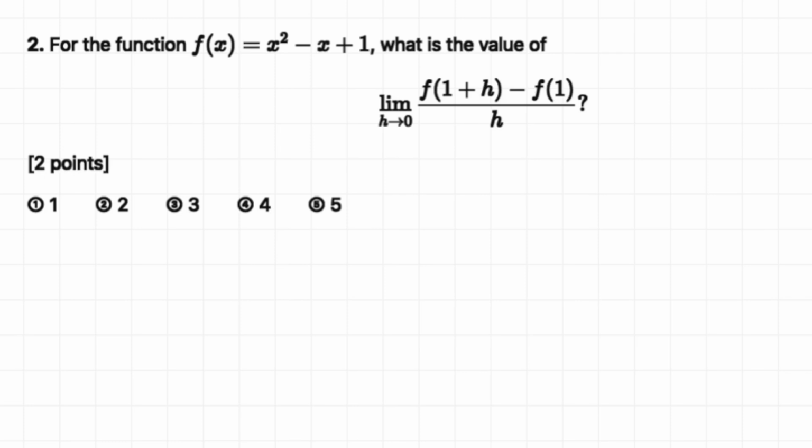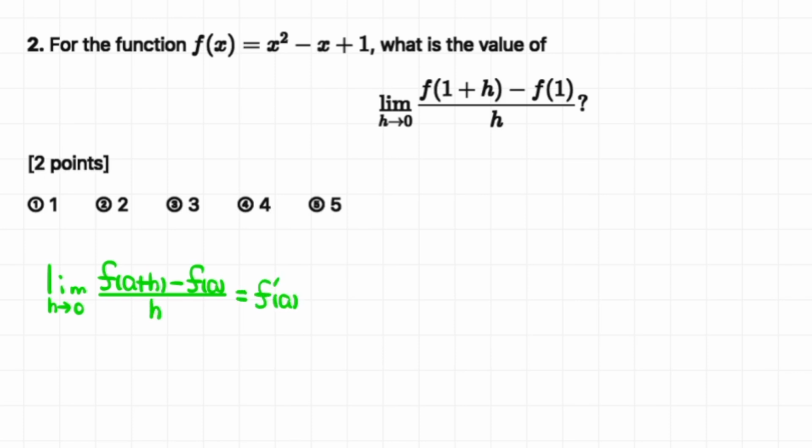The limit of the average rate of change is the instantaneous rate of change, which is the fundamental concept of derivative. So the basic formula is: limit as h approaches 0 of f of a plus h minus f of a, divided by h, is equal to f prime of a.